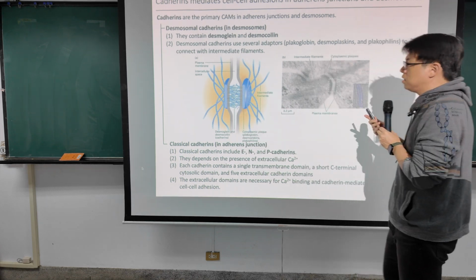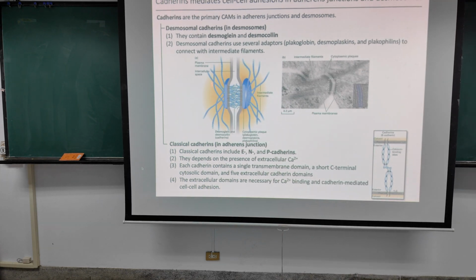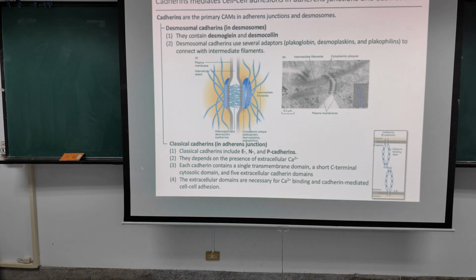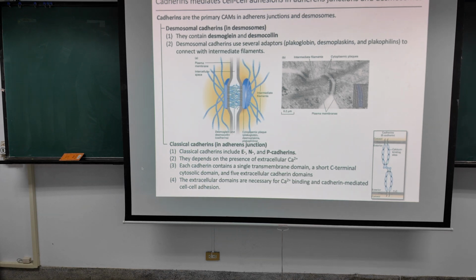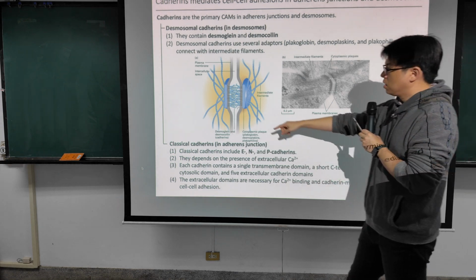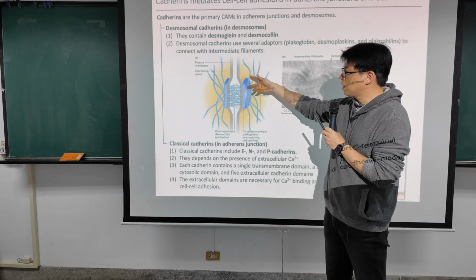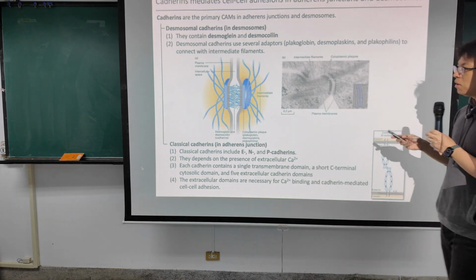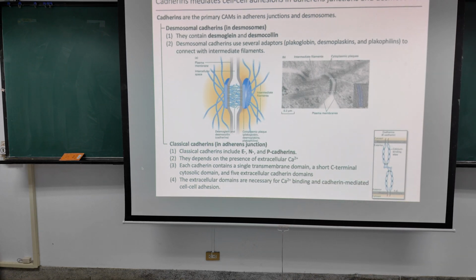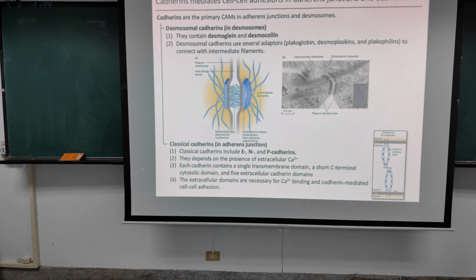The specific structure of the desmosome is that they have a big solid plaque, or what we call a highly electron dense area. There are a lot of proteins here, including glycoproteins.